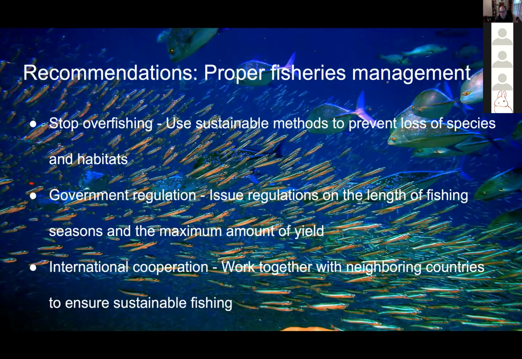The third recommendation is international cooperation. There are over 200 countries in the world, and a lot of these countries are connected by coastlines. It's important to work together with neighboring countries to ensure that you have sustainable fishing, because different areas can have an effect on other areas around them.